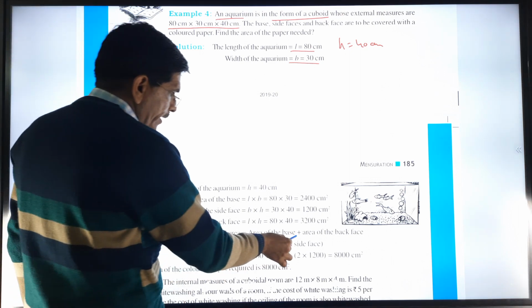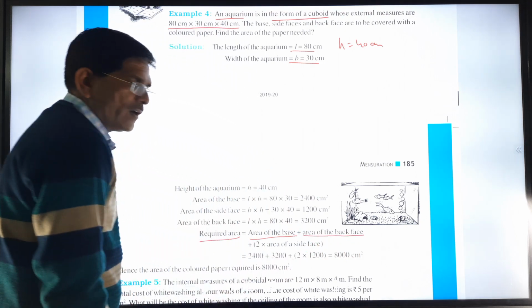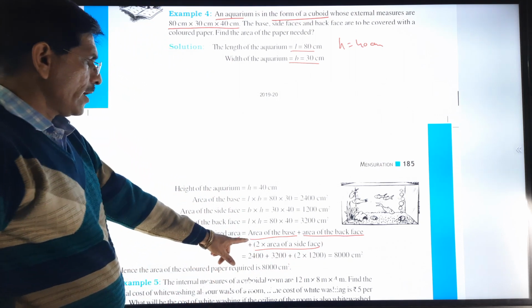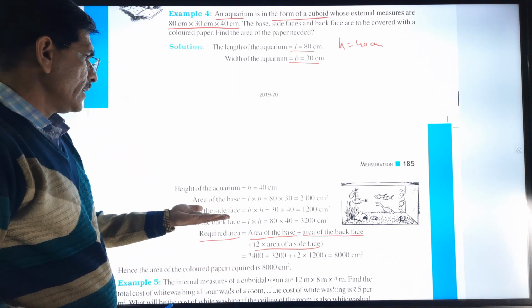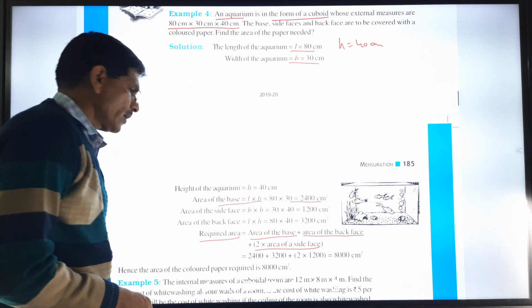The required area is area of base, area of back face and area of side face. It has two sides. Area of base is L into B, that is 2400.